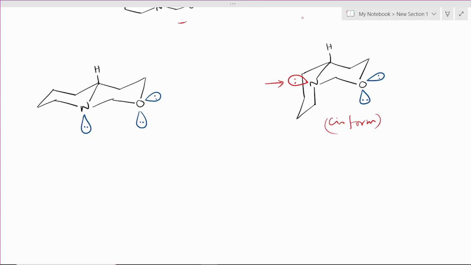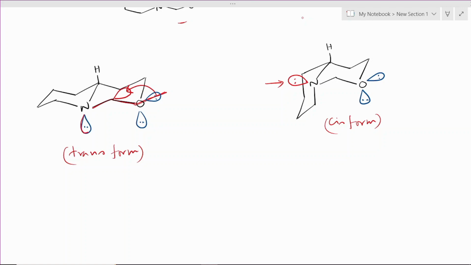Now if we count the total number of anomeric effects present in this trans form, we can see that in the trans form only one anomeric effect is possible, that is only this is in anti-periplanar position, that is the sigma star over here, and this meaningfully interacts with this sigma star.